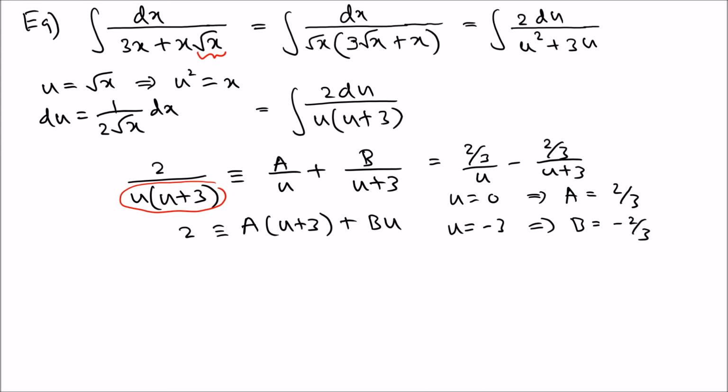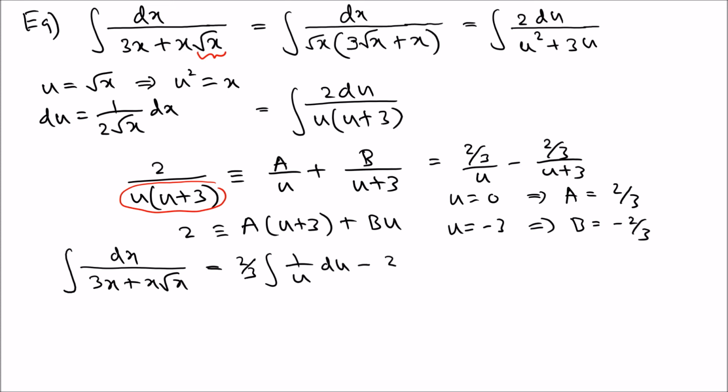So you can integrate. After that, you can write the problem. Your original problem, dx over 3x plus x square root x, equals, now we have the numbers, 2/3 times the integral of 1 over u du, minus 2/3 times the integral of 1 over u plus 3 du.